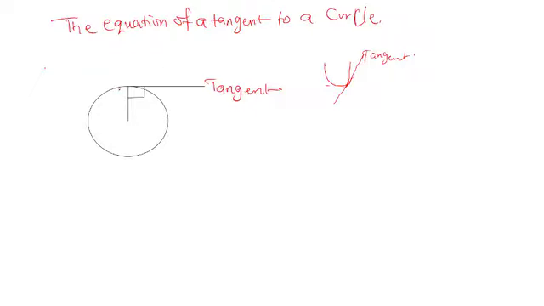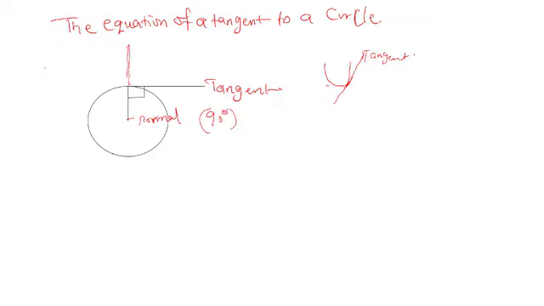One thing about the tangent is that a perpendicular line that comes out from the tangent gives us the normal. If this is a perpendicular line that meets the tangent at this point, this line is called the normal, while this other one is called the tangent. So the angle between the tangent and the normal is usually 90 degrees.